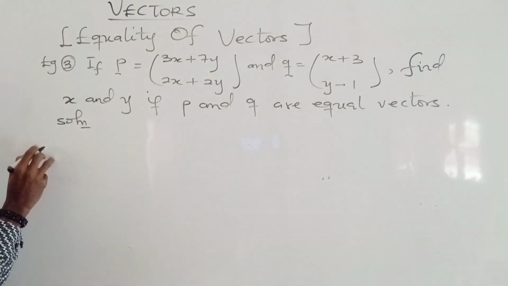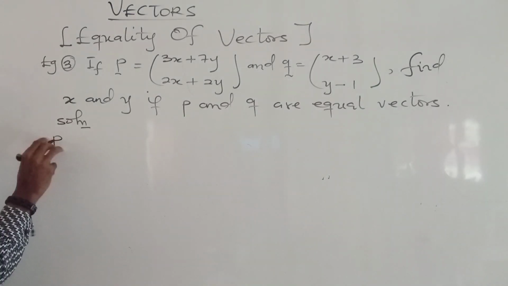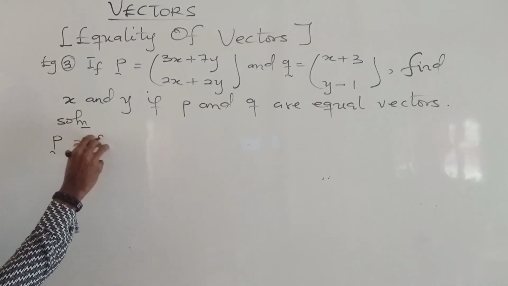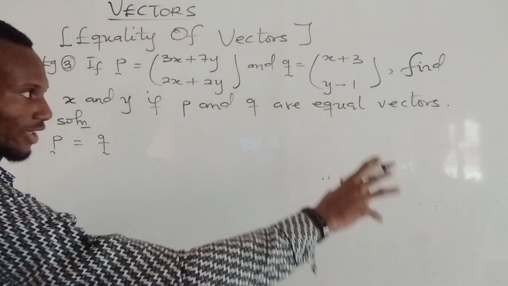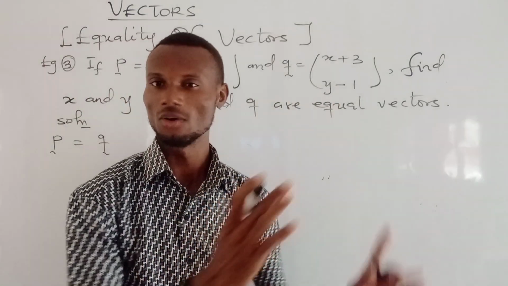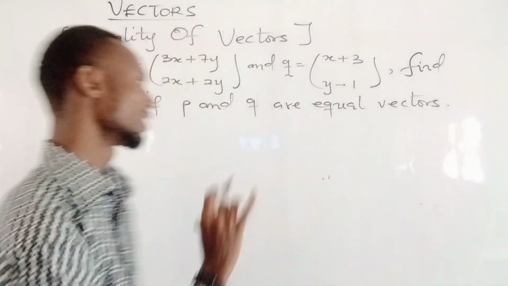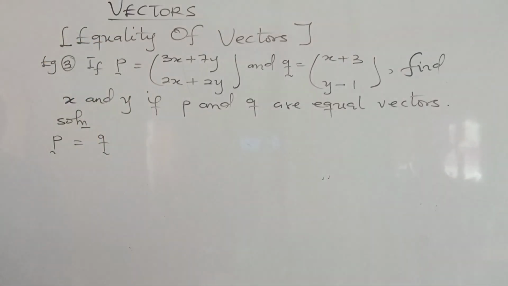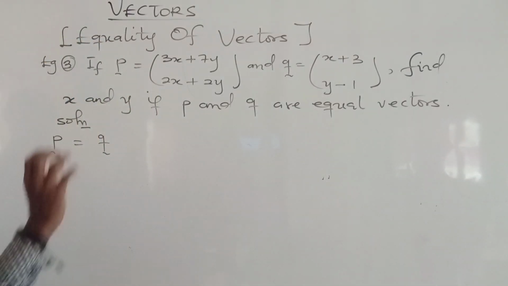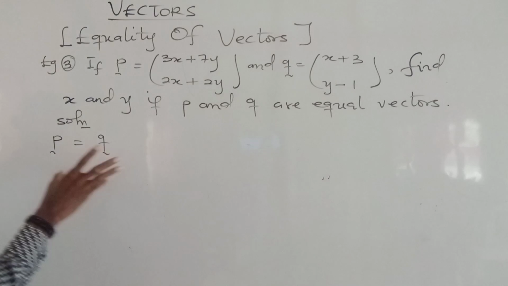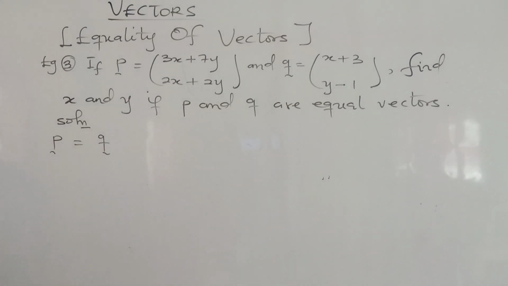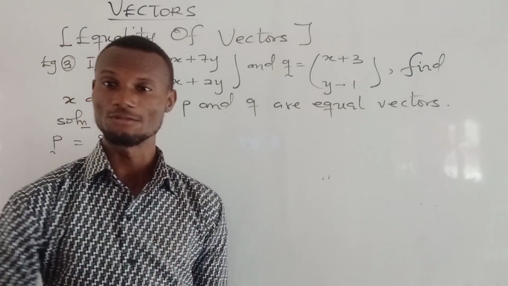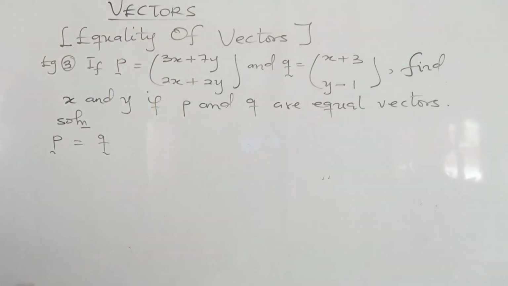So now I'll have that vector p equals vector q, because it says p and q are equal vectors. Now we have been given the value of vector p and also the value of vector q, so we are just going to input them in this equation, equate corresponding components and solve for the values of s and y. So let's do exactly that.